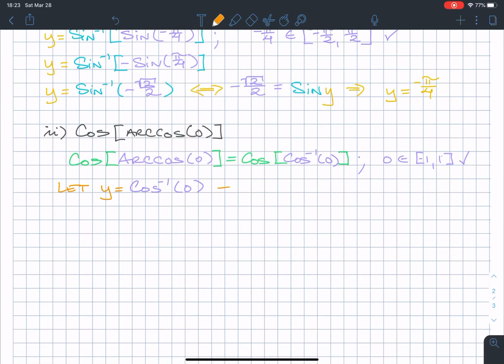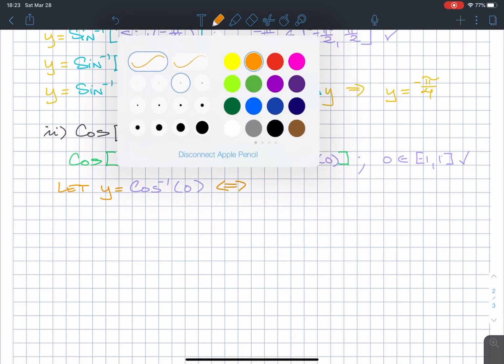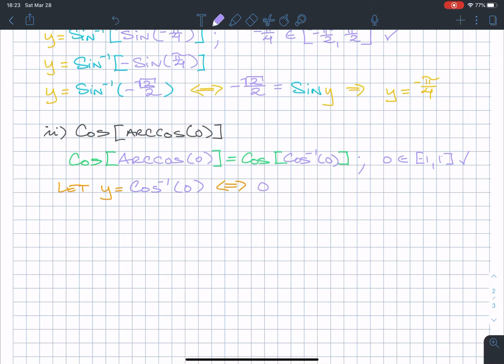Rewriting this without the inverse, if and only if 0 is equal to regular cosine of y. Okay, so at what angle is cosine of y equal to 0? I claim that angle is 90 degrees or pi over 2.